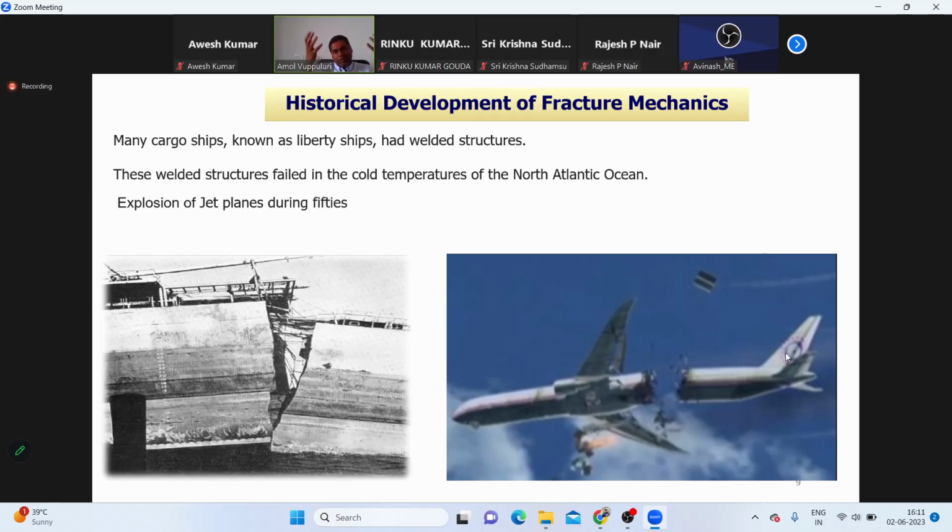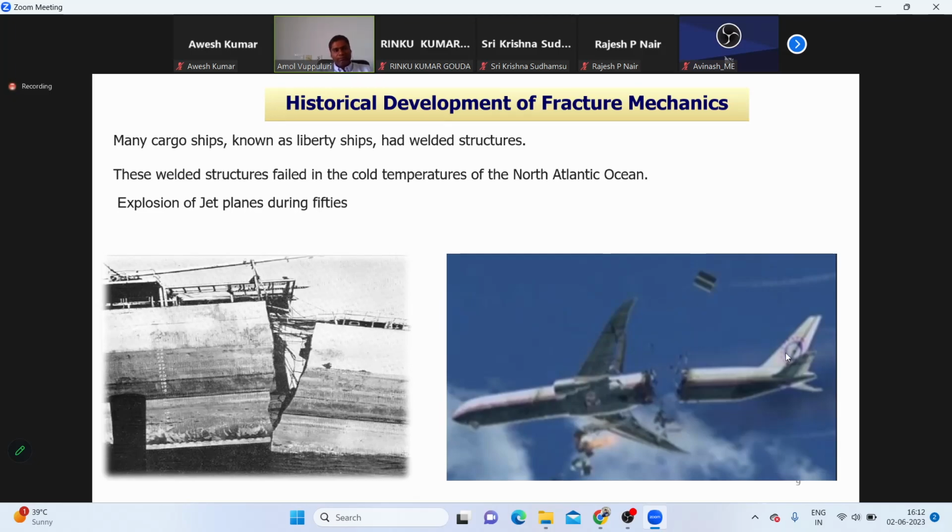So there is a hot fluid and a cold fluid. Because of the thermal mismatch, there was crack formation, and that led to the breaking of ships into two pieces. Several hundreds of ships broke in such a way, which again caused scientists and researchers to start thinking about what could be the potential reason for this fracture to happen.